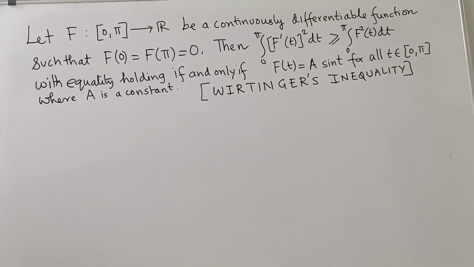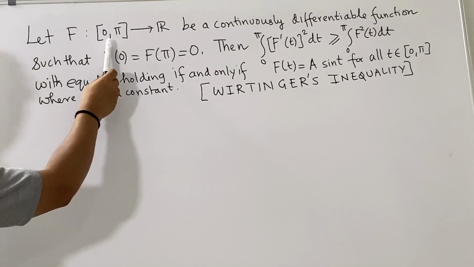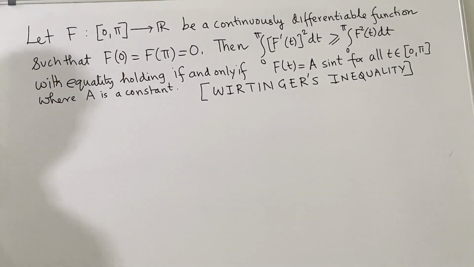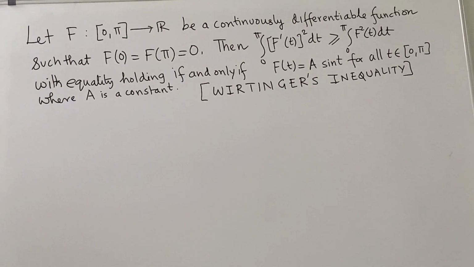In this edition, we are going to prove this inequality, which is referred to as Wirtinger's inequality. Let f be a function whose domain is the closed interval 0 to pi and it takes real values. We assume that this function is continuously differentiable and satisfies f(0) = f(pi) = 0.